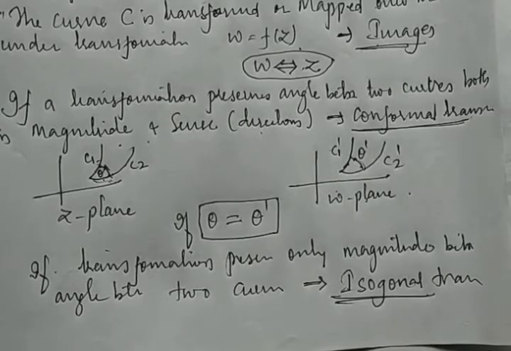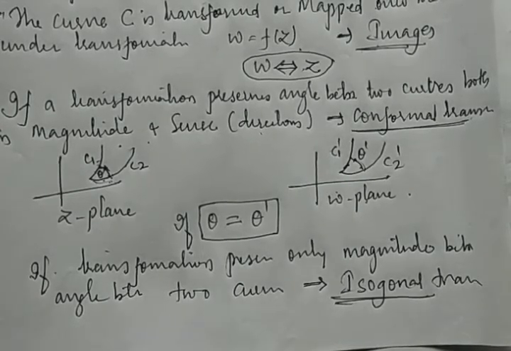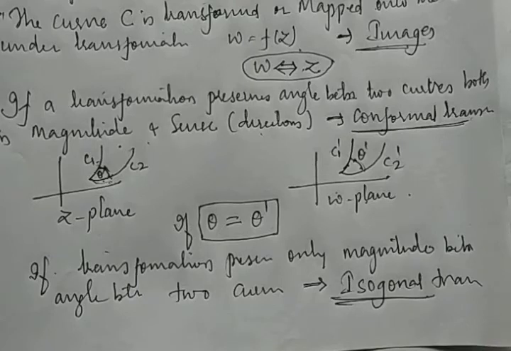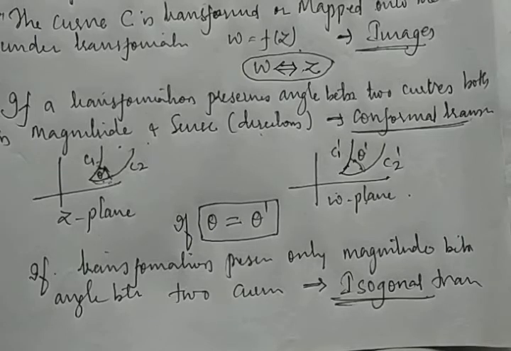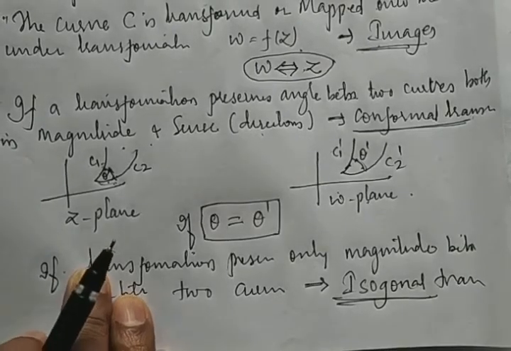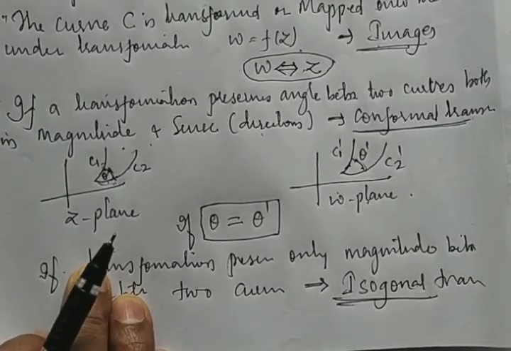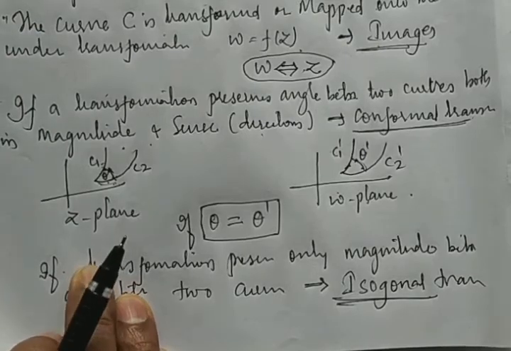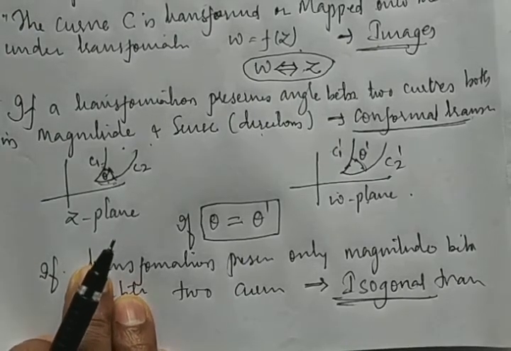So to say a transformation is conformal, the angle between the two curves must be the same in both magnitude and direction. If only the magnitude is the same and the direction is not, that kind of transformation is known as isogonal.